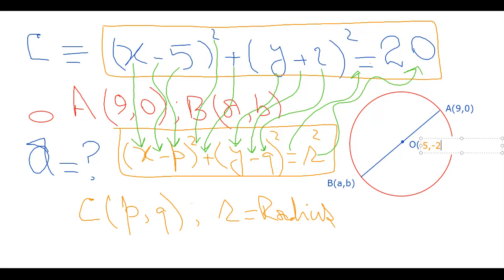So this is the center: 5, minus 2, this point. Now we are looking for A only, not the B. So how can we find this A?